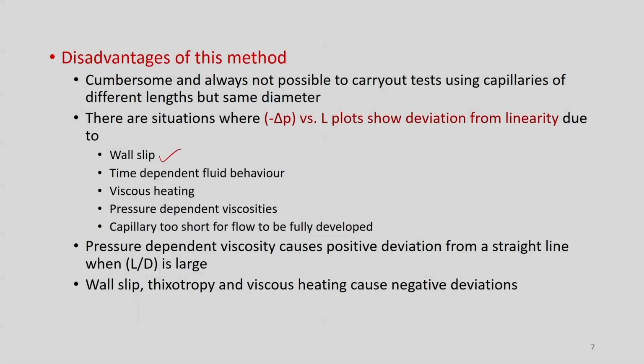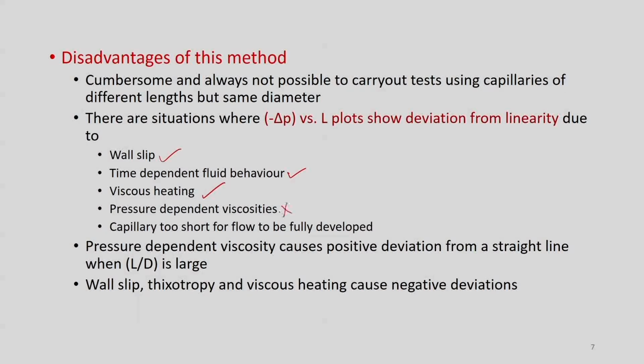Sometimes if the fluid shows time dependent behavior, that may also cause some effect. Viscous heating also has some effect. But most importantly, we are making corrections for the pressure drop, and if the viscosity of the test fluid itself depends on pressure, then the reliability of this method would be much lower.